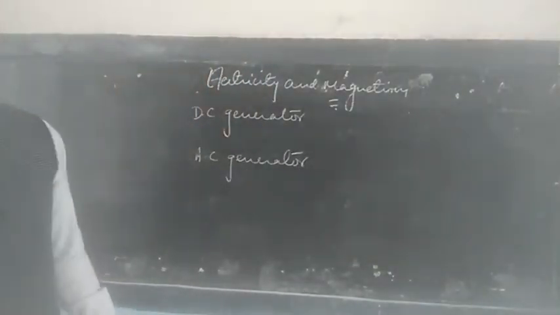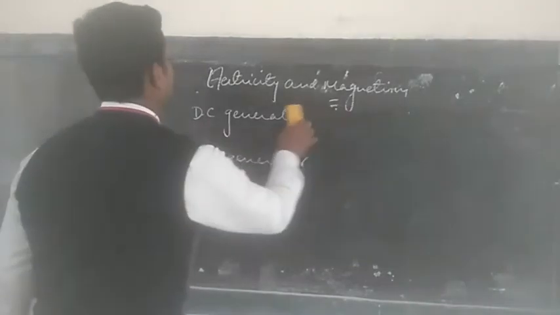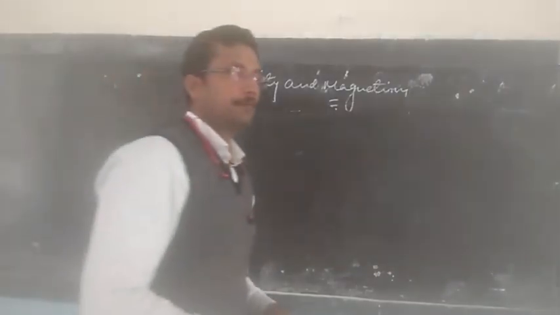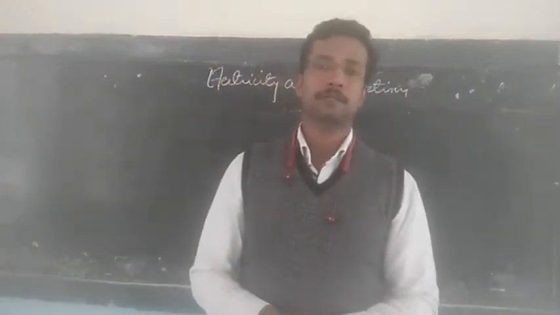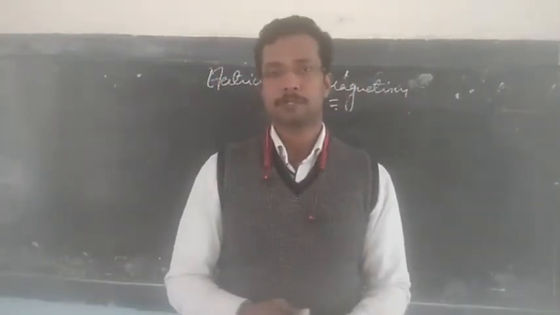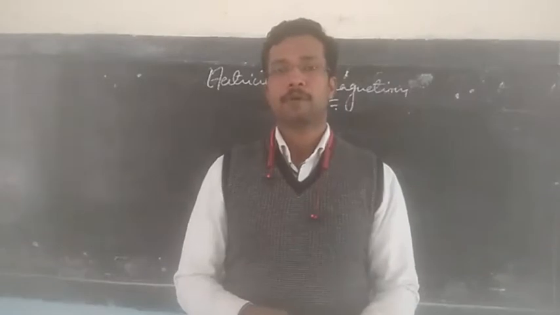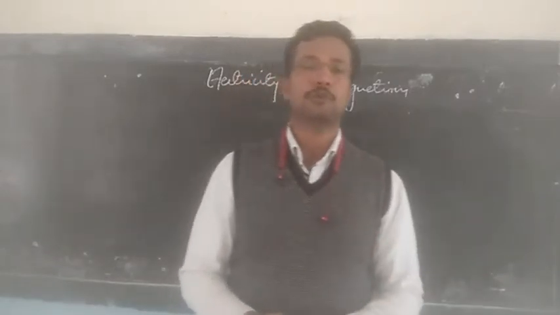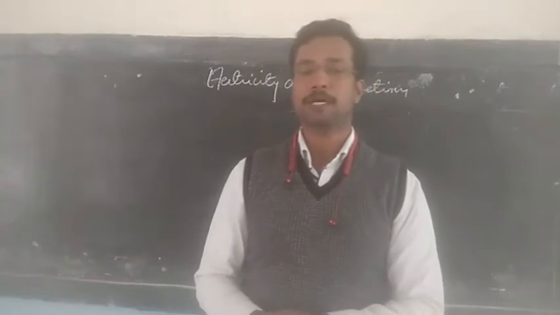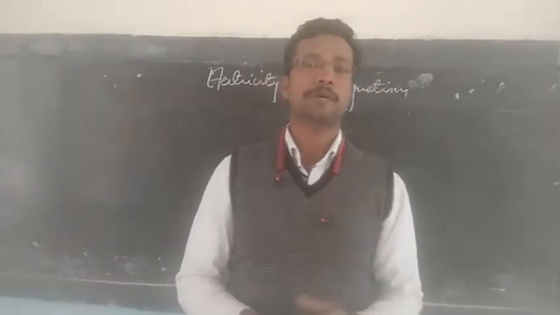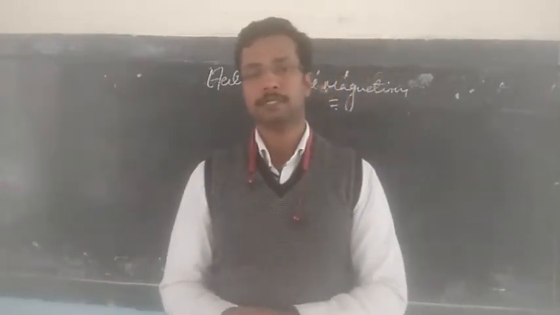Now let us come to the circuit diagram. A circuit diagram is a diagram where we show the elements in a circuit using symbols, because it's not possible to draw the exact diagram, the original diagram of the appliances or all the elements to be used in the electric circuit.